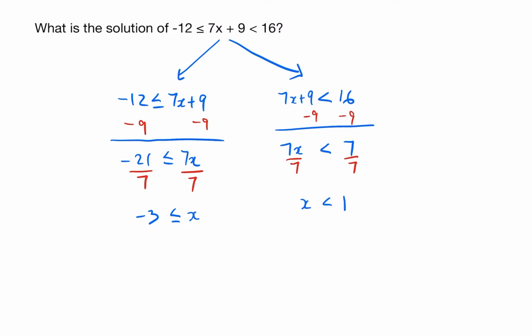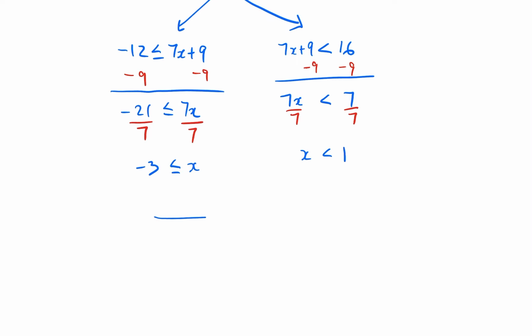Now if we were to graph these on a number line, we'd have negative 3 here, 0 here, and 1 here. Let's take a look. This says x is greater than or equal to negative 3, so we're going to put a closed circle on negative 3 and draw a line in this direction.